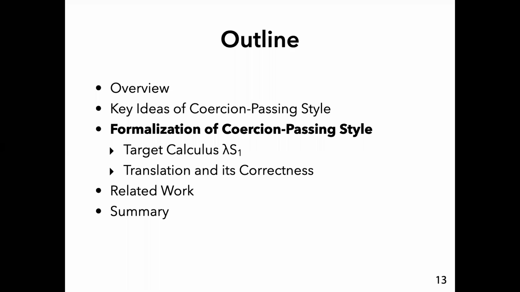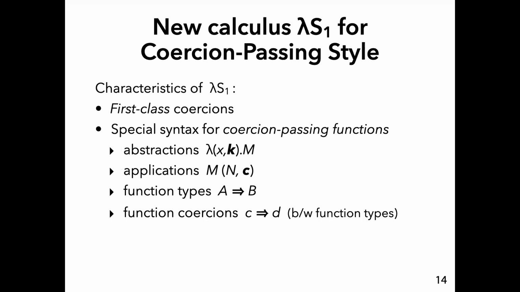Next, I'd like to talk about formalization of Coercion-Passing Style. We formalize a new calculus, lambda S1, for Coercion-Passing Style. As I have already mentioned in the even-odd example, coercions are first-class values in lambda S1, unlike other coercion calculi.